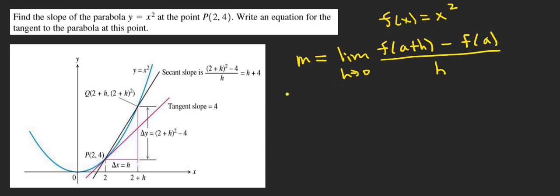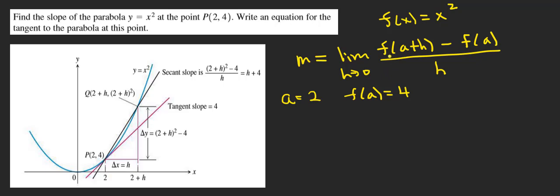In this case, our a is 2, and our f of a is going to be 4, because that's the point of tangency. Now, you know that the slope is going to be the limit of f of a plus h minus f of a over h as h goes to 0.